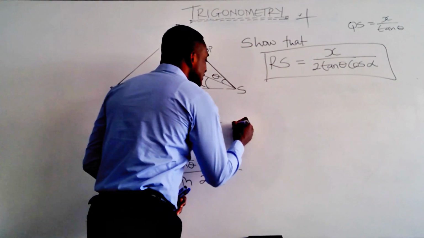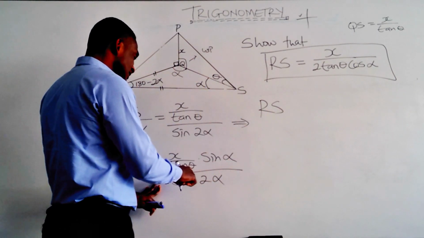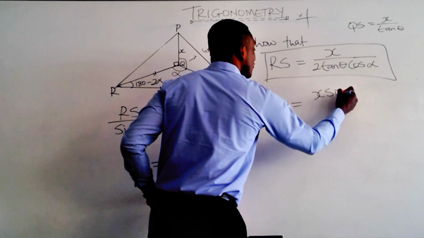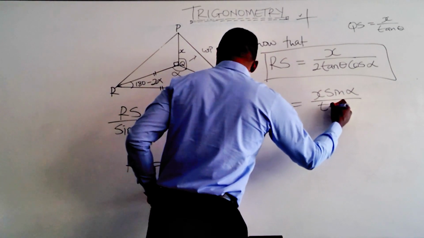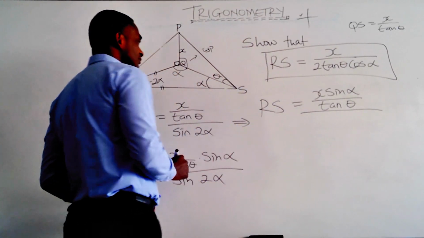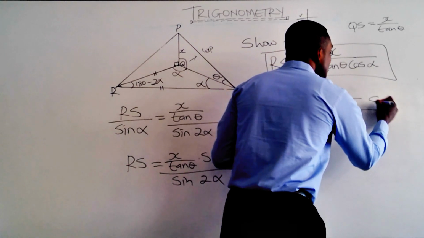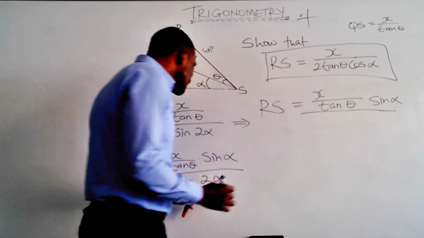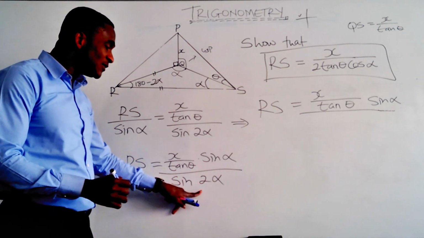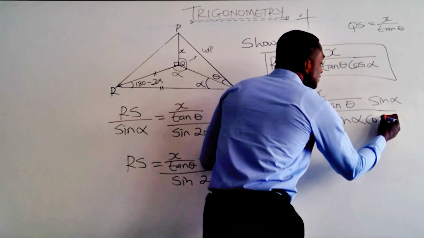Going forward, in the numerator we have x sine alpha over tan theta, divided by sine of 2 alpha. 2 alpha is a double angle, so this gives us 2 sine alpha cos alpha.